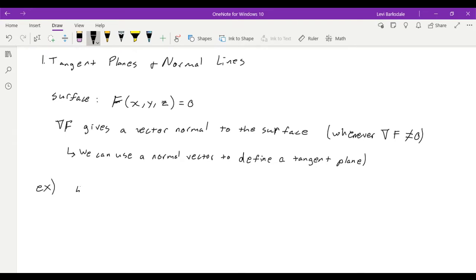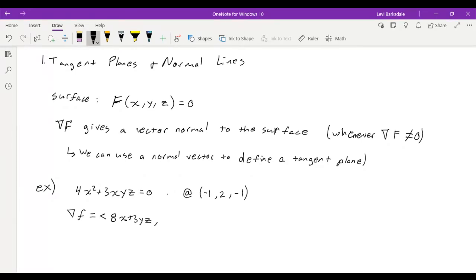Let's say you have the level surface 4x squared plus 3xyz is equal to 0, and you want to find a normal line and a tangent plane at the point (-1, 2, -1). Well, first off, we can find our normal line by finding a normal vector. Do that by taking the gradient. The derivative with respect to x is 8x plus 3yz.